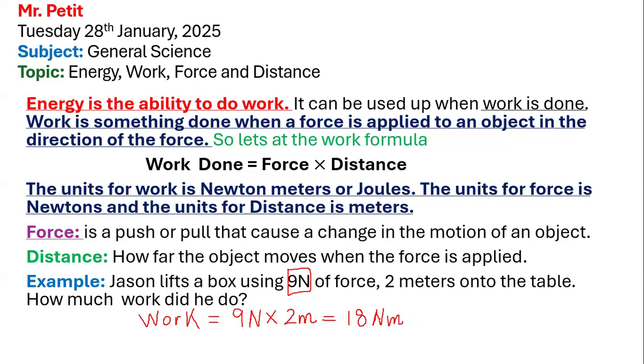Right? But what do we say Newton meters is? Joules. So we convert that to joules. So how much work is done?